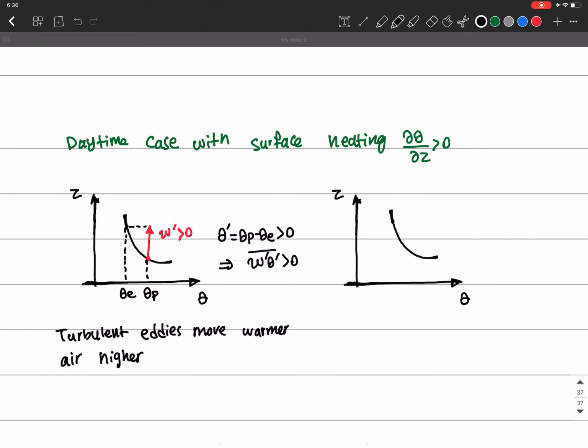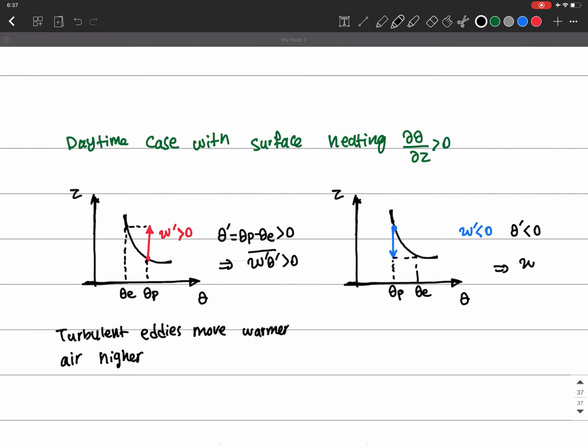Now let's look at the other case where we have this downward movement. So here, W prime is negative. And this is theta E, theta P, and then theta E. But now, theta prime, which is theta P minus theta E, is also negative.